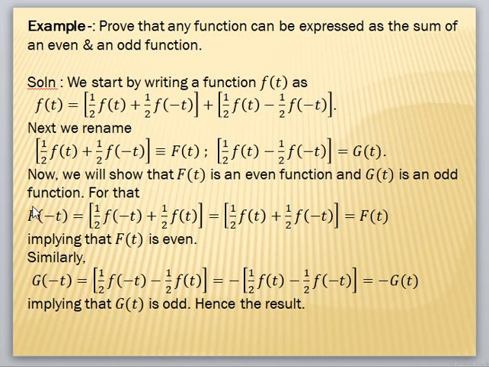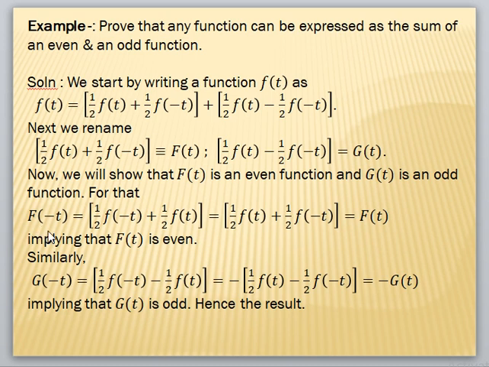Now find what is capital F of minus t. জাস্ট এখানে t এর জায়গায় মাইনাস t বসিয়ে দেবো, এবং বসিয়ে দিলে যেটা পাবো half f(-t) plus half f(t), which is again half f(t) plus half f(-t), that is capital F(t). So capital F(t) is an even function.